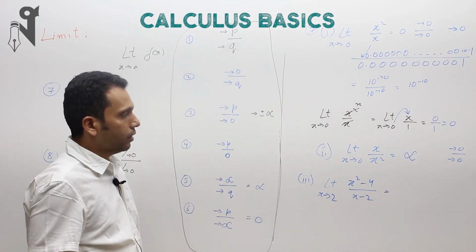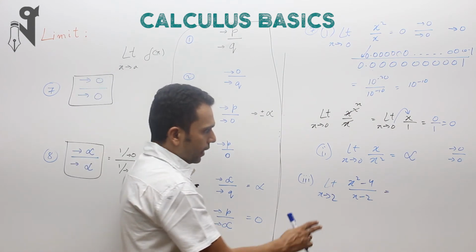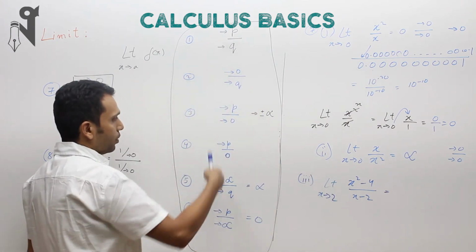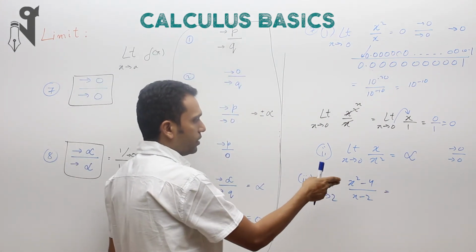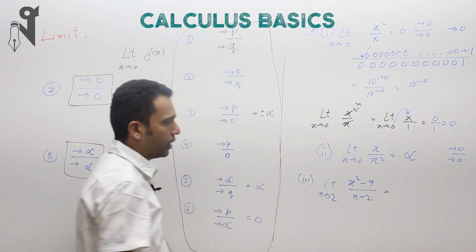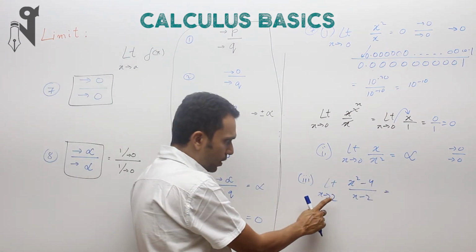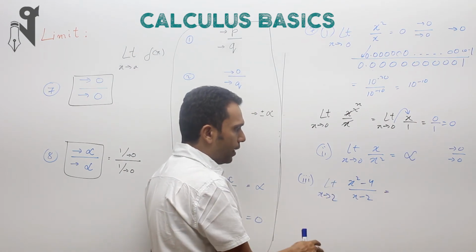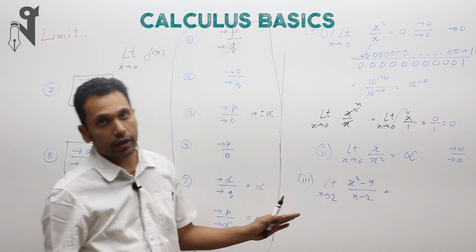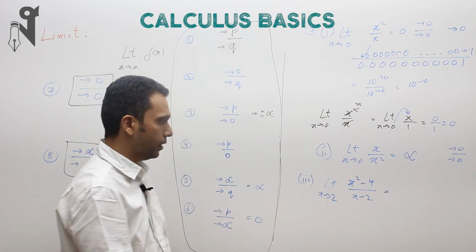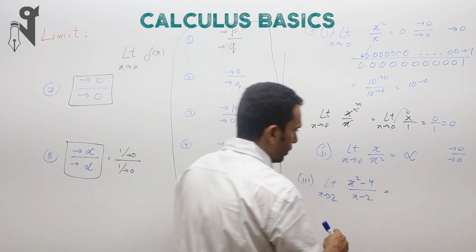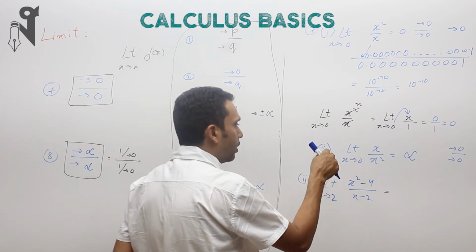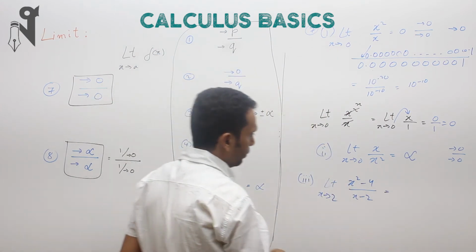We'll use our knowledge of algebra to do it, and we will try to bring it to these simple formats where we don't have a 0 left on top or a 0 left at the bottom. So right now when we plug in a 2, we get a 0 here also and here also. So this is problematic. So we want to convert it into a non-problematic question, and we want to eliminate the thing which is making it a problem.